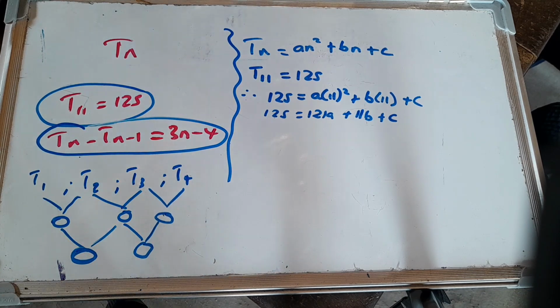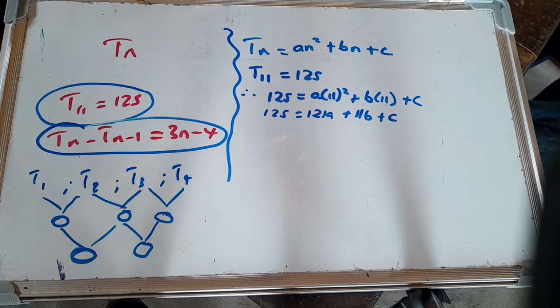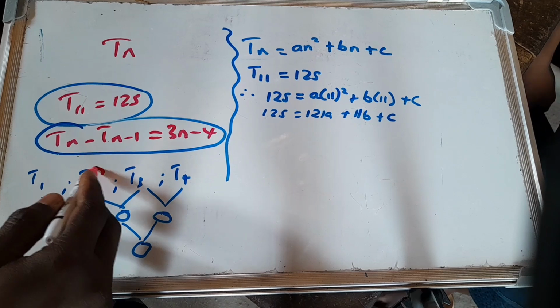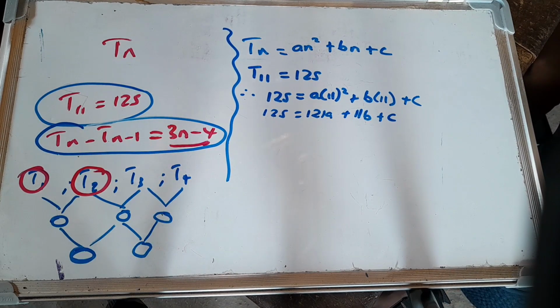So they said Tn minus Tn minus 1. That means term number whatsoever minus the previous term. It's like they're saying this term minus this term gives us this situation.